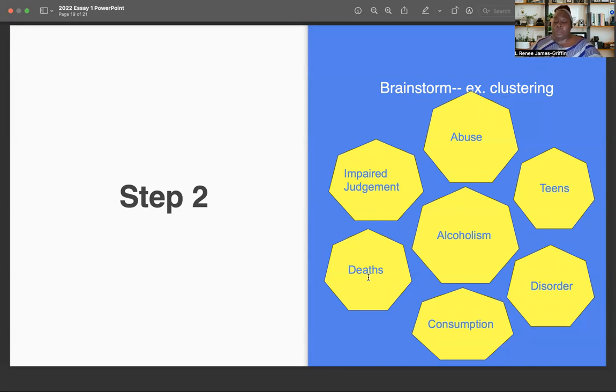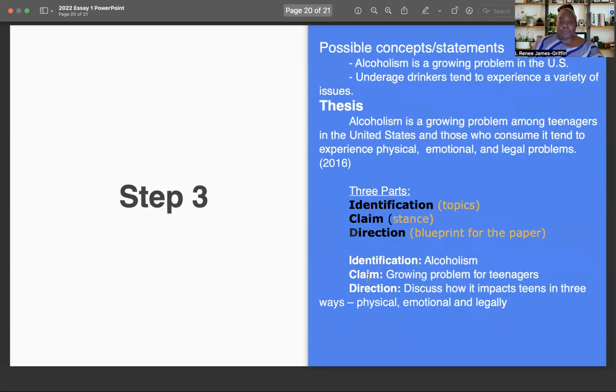So the brainstorming process is really important. This helps you to figure out, okay, what do I know about this topic? And is this topic a valid topic for me to write about? Do I have enough content to write about? Okay, so don't skip the brainstorming process.